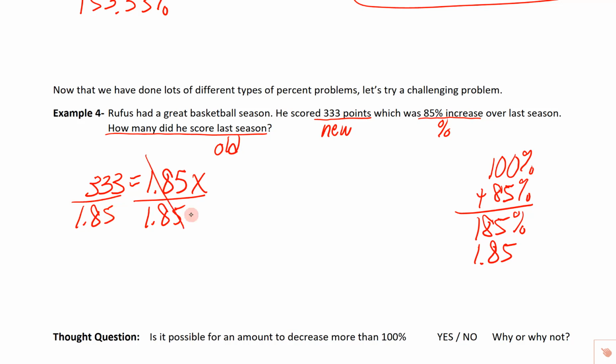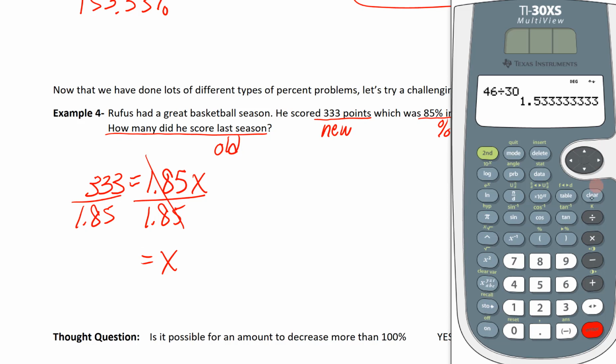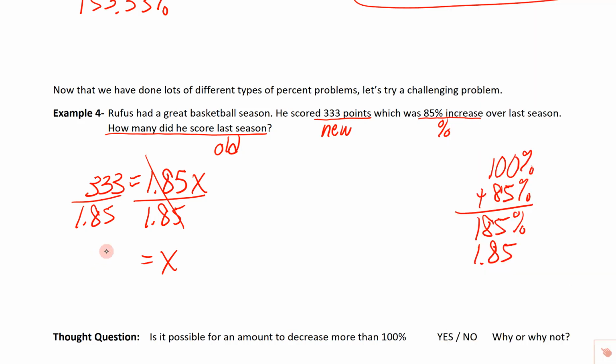And when we do that, we're going to get x equals 333 divided by 1.85. And before I put the answer up, do you think the old amount is going to be more or less than the new amount? If you said less, you were correct, because we know he increased how many shots he did.